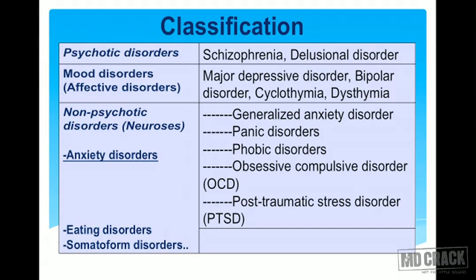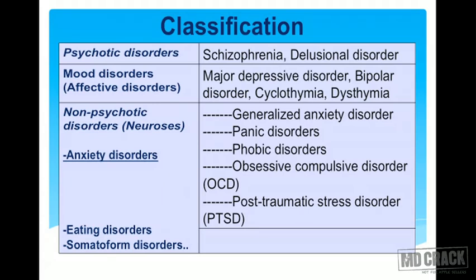So those drugs which concentrate 5-HT, that's SSRI, selective serotonin reuptake inhibitors, which are basically antidepressant drugs, are also useful in anxiety disorders. If anyone asks you other uses of SSRI, it is going to be anxiety disorders, and you can close your eyes and say generalized anxiety disorders, panic disorders, phobic disorders, obsessive compulsive disorder, and post-traumatic stress disorder, PTSD, you are going to be right. So that's about the non-psychotic or neurotic disorders.